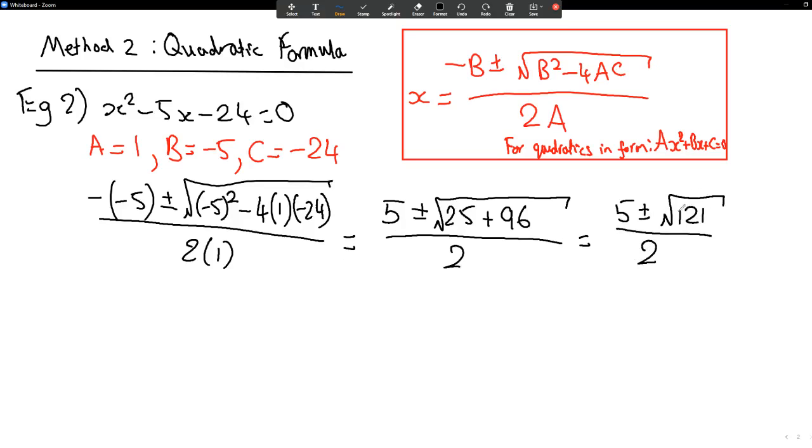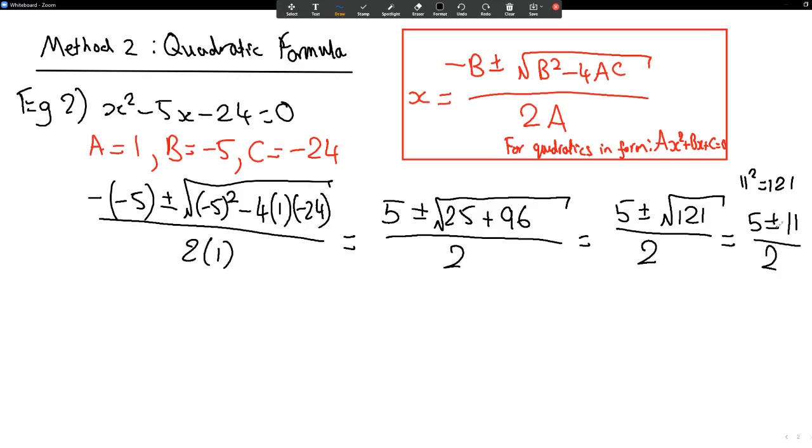Now, let's see if we can make sure that this is in its simplest form. Well, if you know your squares, you'll know that 11 squared is equal to 121. So we can actually write this as plus or minus 11 over 2.